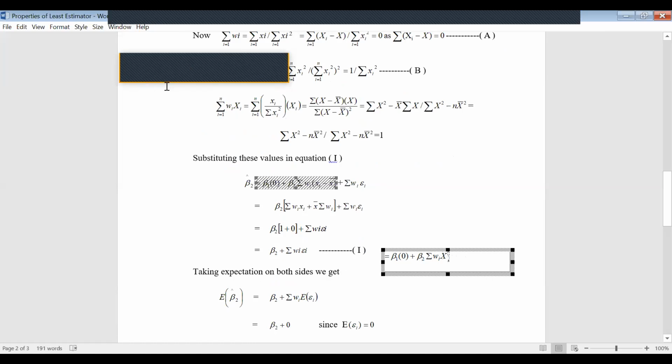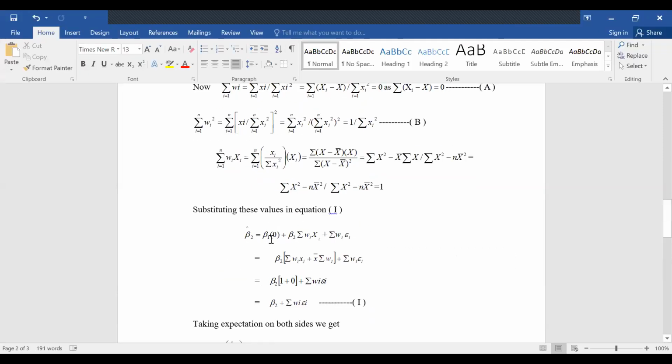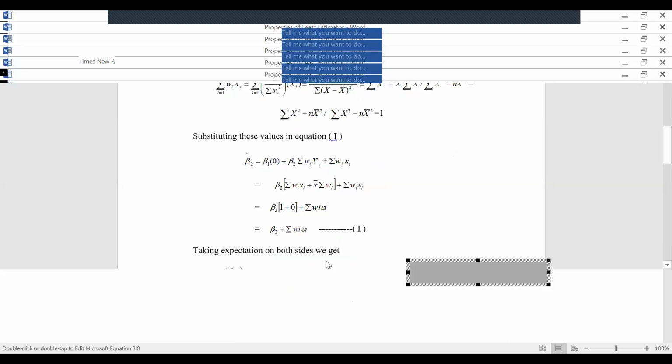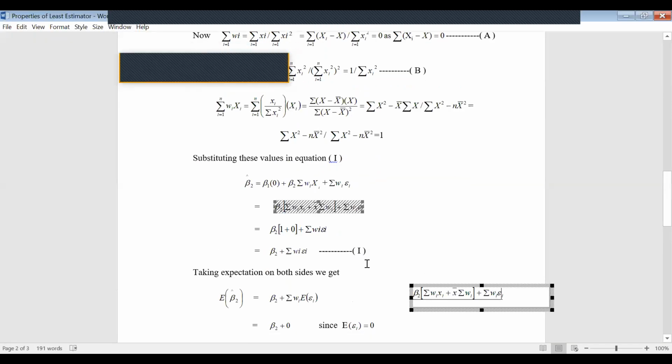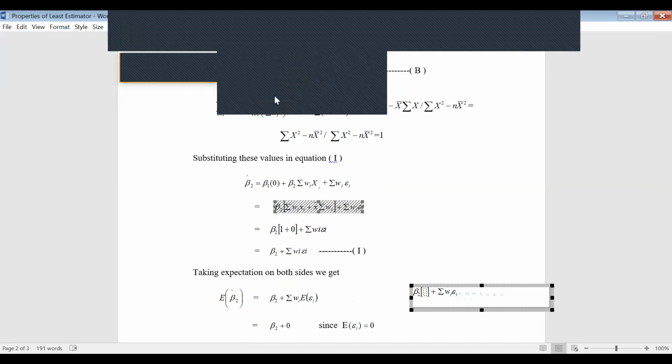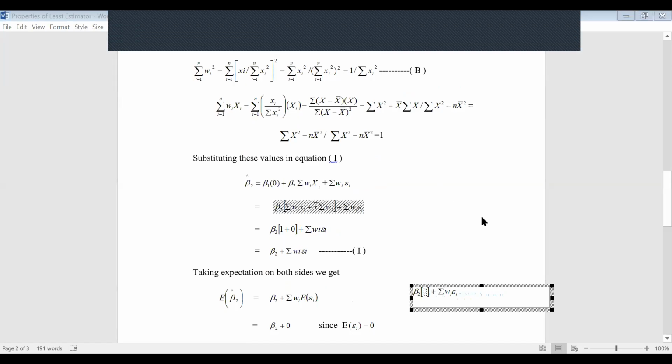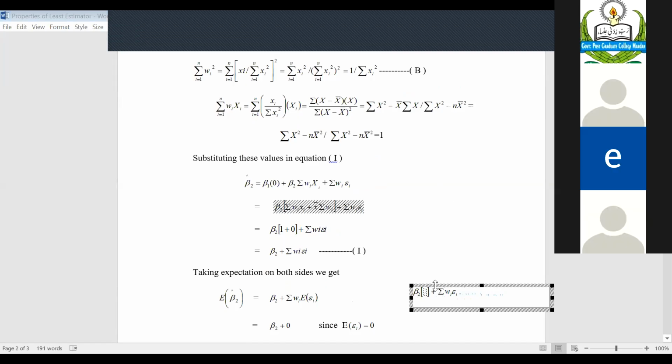So beta 1 summation w is 0, summation w xi plus summation w epsilon i, beta 2, and this is equal to 1, as can be seen from the above equation that summation wi and capital Xi is equal to 1.